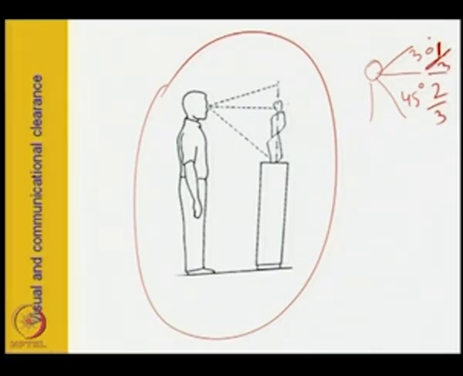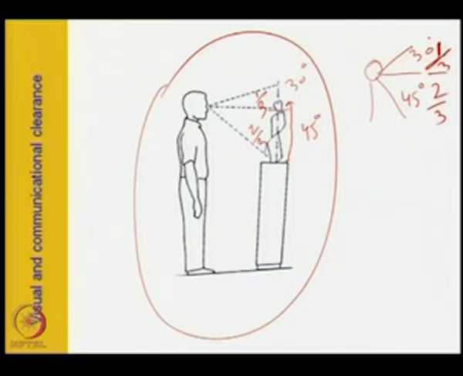So, if this is a product of interest and we want to exhibit it from the eye height, this may be around 30 degrees up and this may be 45 degrees below. So, this may be placed at 1/3 up this position and 2/3 below this position.